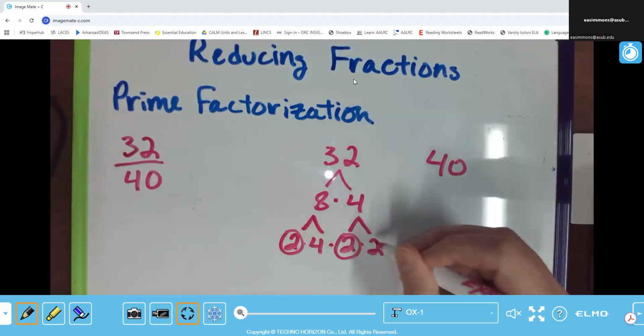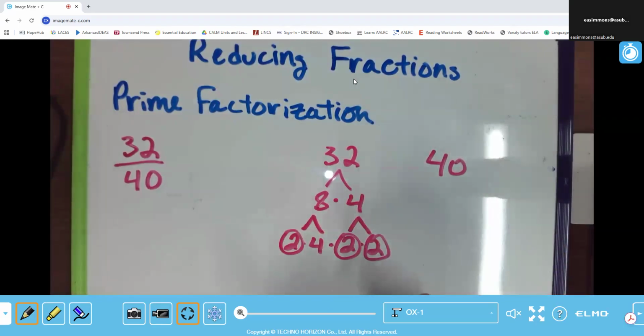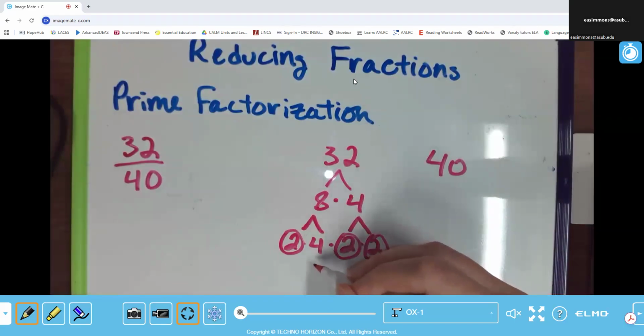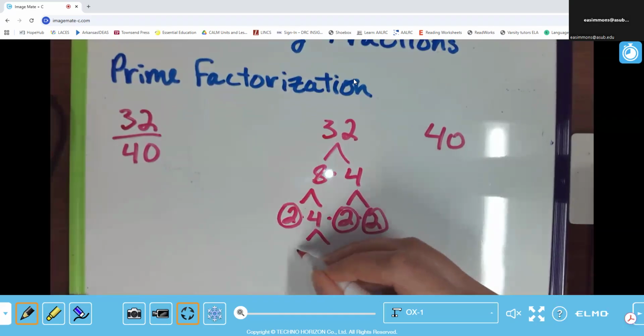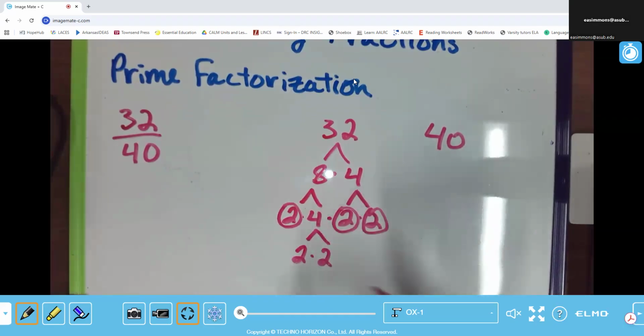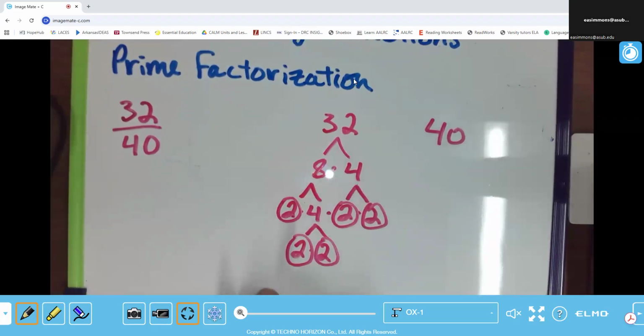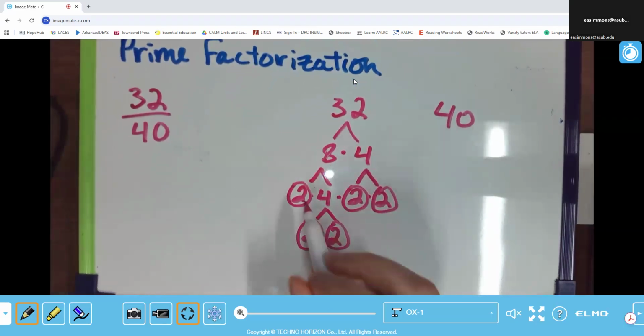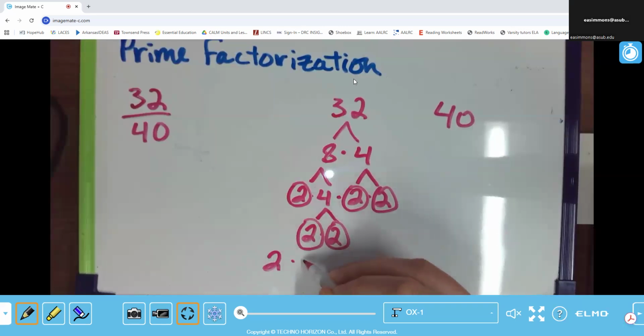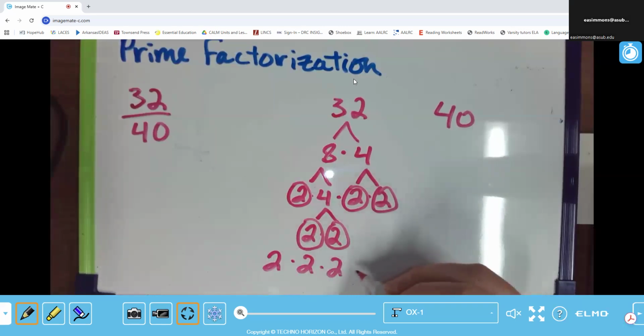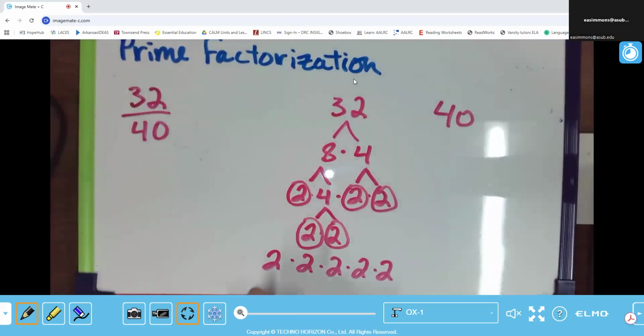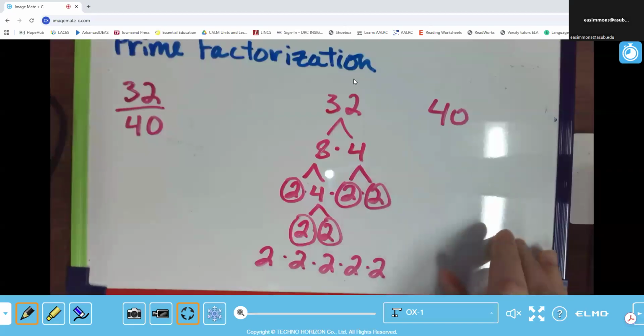I've got a 2, and another 2. And my 4 is not prime, so I'm going to break it down some more. 4 breaks into 2 times 2, and I'll circle those 2's. And then I like to have everything lined up, so I'm going to write down all of my 2's. I have 1 2, 2 2's, 3 2's, 4 2's, and then 5 2's. That's my prime factors for 32.